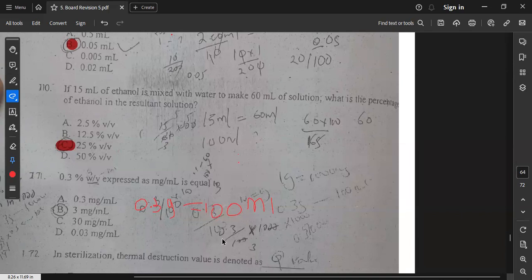Then we get the answer in grams, then change into milligrams. B.